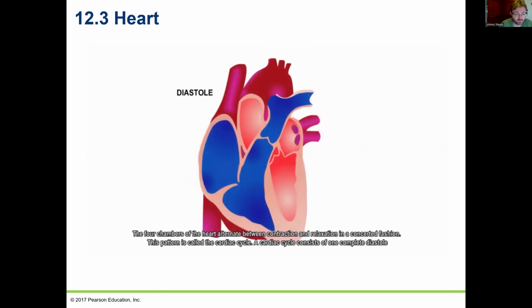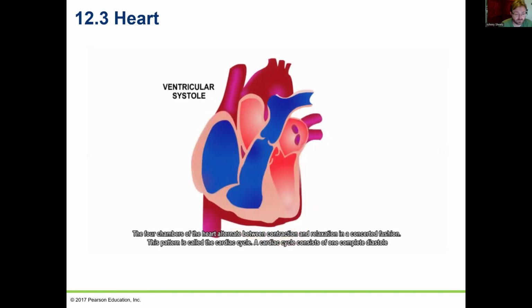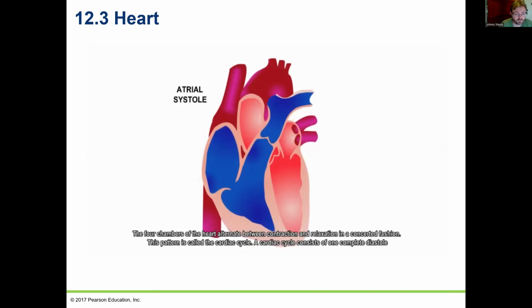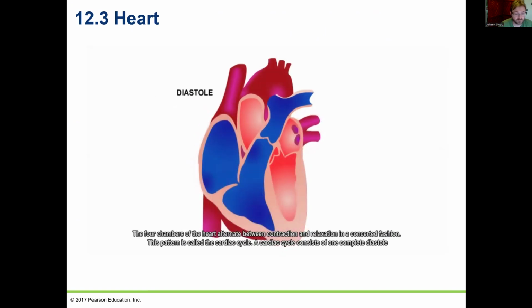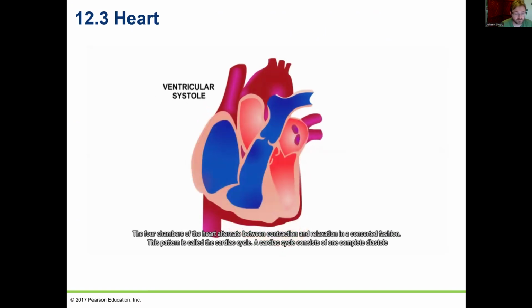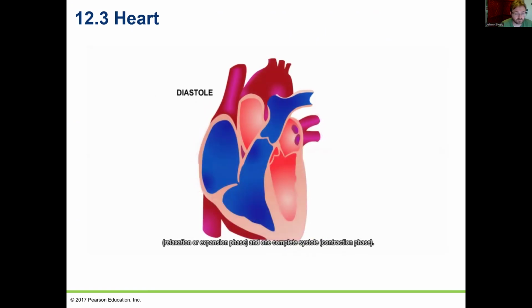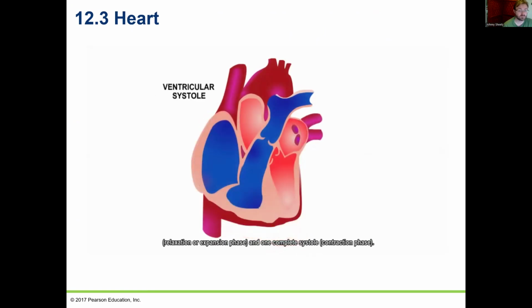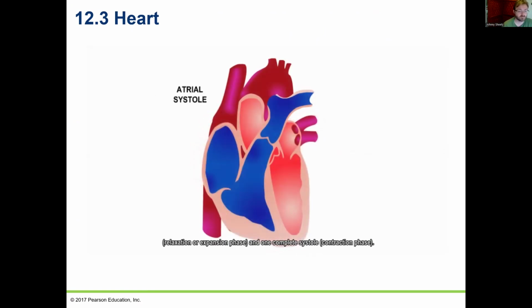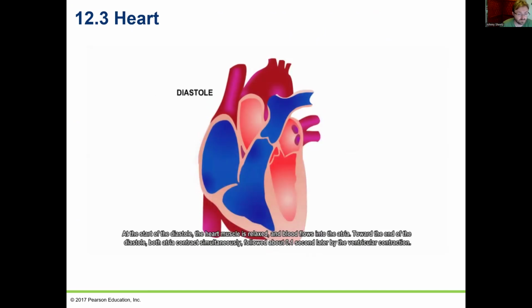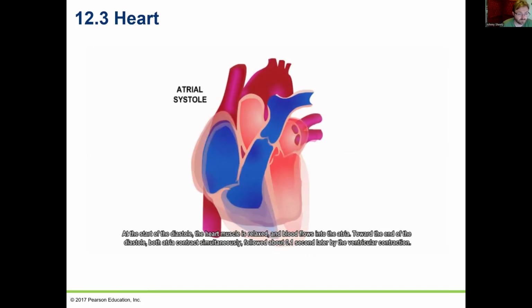The four chambers of the heart alternate between contraction and relaxation in a concerted fashion. This pattern is called the cardiac cycle. A cardiac cycle consists of one complete diastole, the relaxation or expansion phase, and one complete systole, or contraction phase. At the start of diastole, the heart muscle is relaxed, and blood flows into the atria.